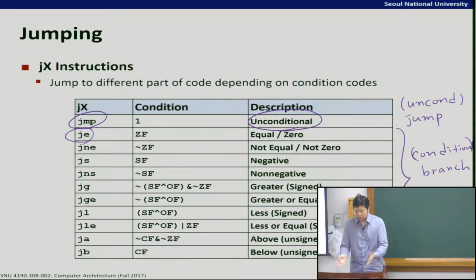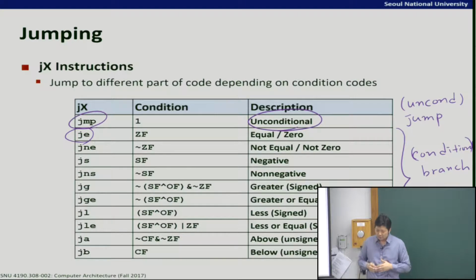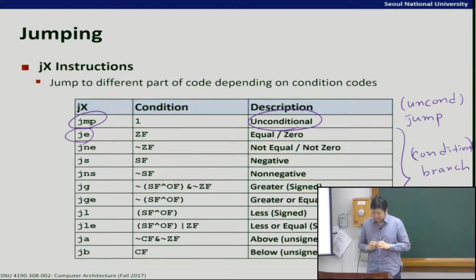We have all different variations: jump not equal, jump signed, jump not signed, jump greater than or equal, less than or equal, above and below. Above and below are equivalent to greater and less, but applied to unsigned integers.